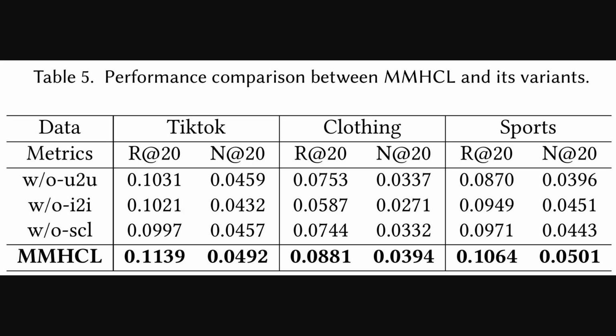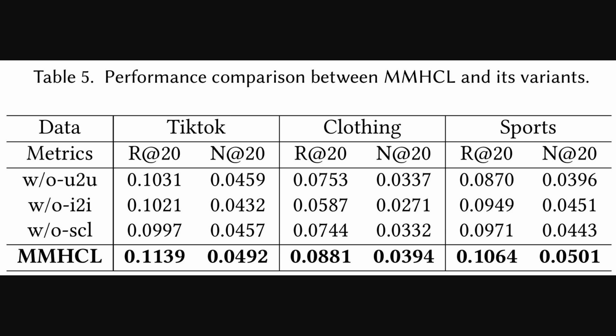Okay, so building on its strong performance, especially in those cold start scenarios, Table 5 now digs into why the model is so effective. This is an ablation study, which is a common technique where researchers systematically remove individual components of their model to measure the contribution of each part. The table compares the full multimodal hypergraph contrastive learning model against versions missing either the user-to-user hypergraph, the item-to-item hypergraph, or the synergistic contrastive learning.